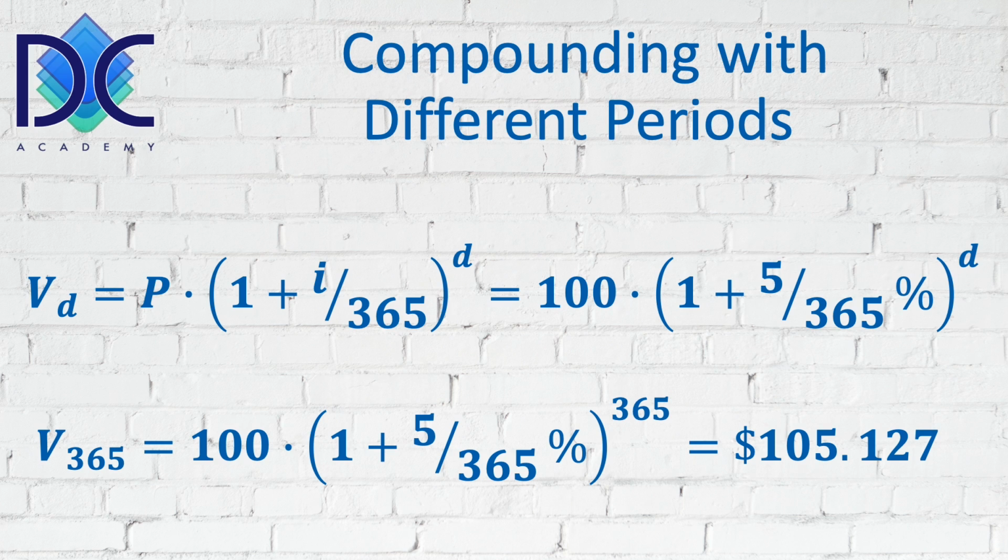This is an element that we have to consider when we are reducing the compounding period, going from yearly to quarterly, monthly, weekly and daily. We see that when we compound the interest over a 1 year period, we find a higher interest than the original interest. And we'll look into that in our next presentation.